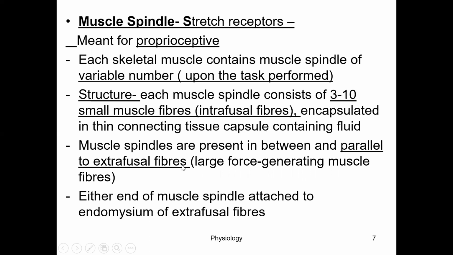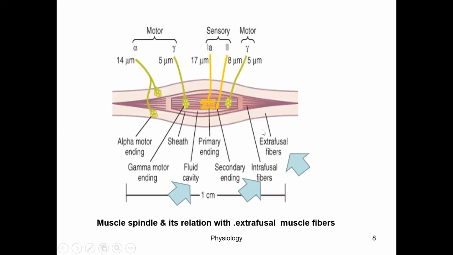Now, what is the arrangement of these intrafusal fibers? They are arranged in between the extrafusal fibers. That means in between the intrafusal fibers, there are some extrafusal fibers. That is, they are arranged in a parallel way. I will show in the diagram. Now just see these three arrows. This is one skeletal muscle, having extrafusal fibers, intrafusal fibers, and the fluid contained inside the intrafusal fibers.